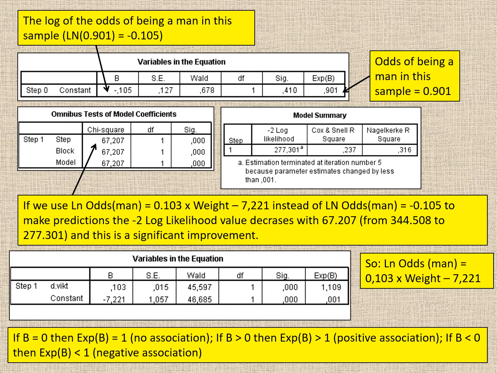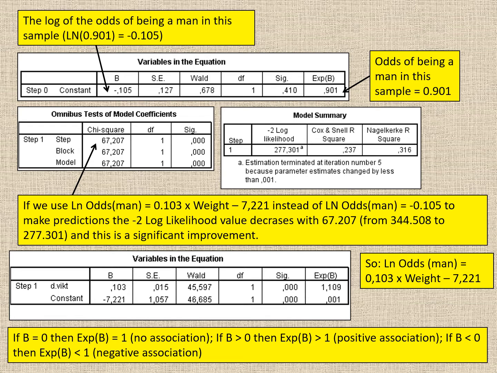But we interpret it as an omnibus test also. Because the R square in the population can be assumed to be higher than 0, at least one of the predictors has an association with the outcome variable in the population. Not all regression coefficients can be assumed to be 0. It's the same here. If this is significant, we say the model becomes significantly better at predicting the odds for the outcome by adding those predictors.